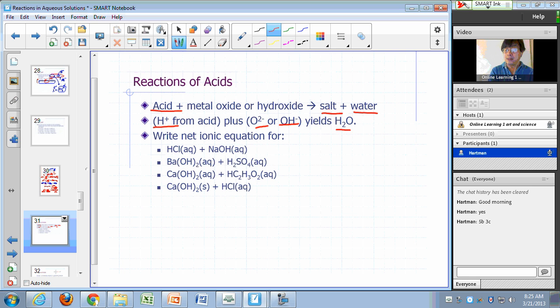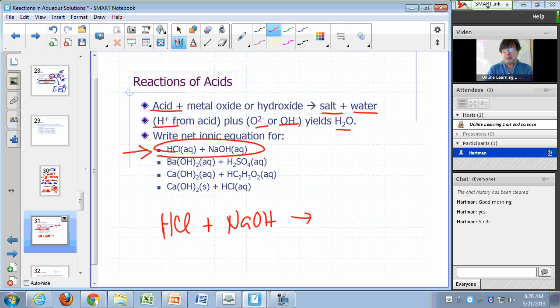So let's look at some of these examples right here. Let's look at the reaction between HCl and sodium hydroxide. You might say, okay, this looks like something that produces ions in water, HCl and sodium hydroxide. So as we've learned earlier, you can predict possible products for this would be an exchange of partners, right?